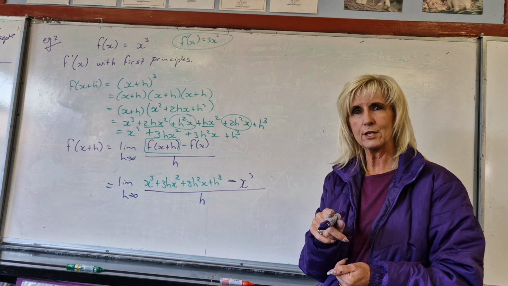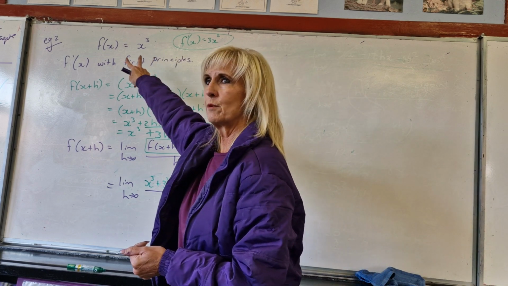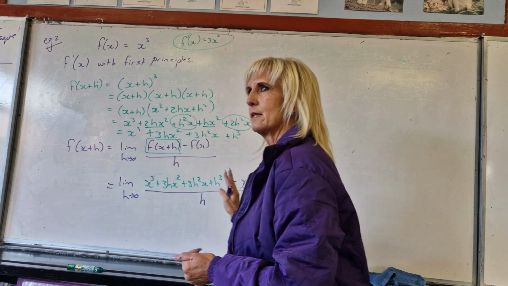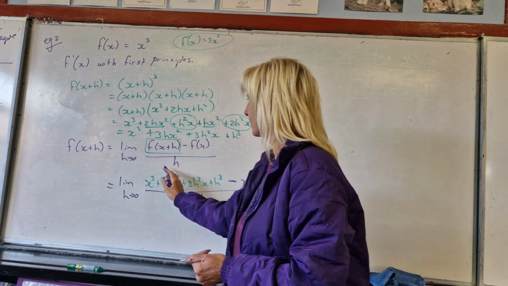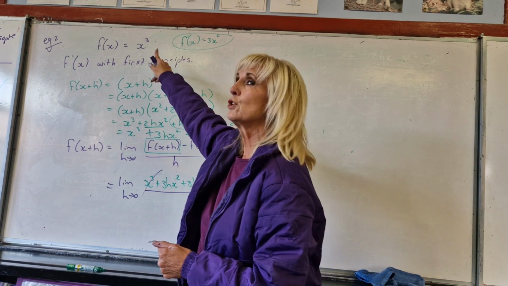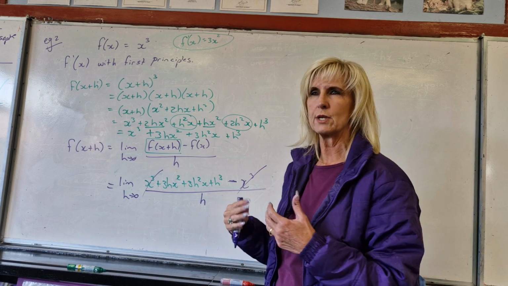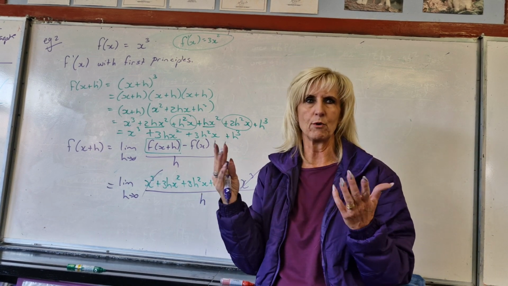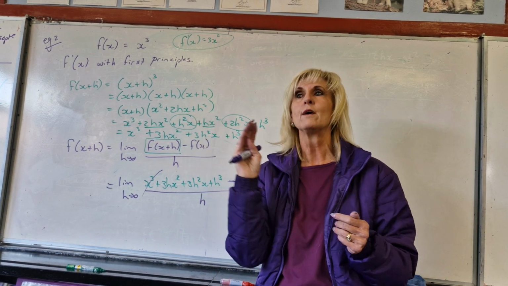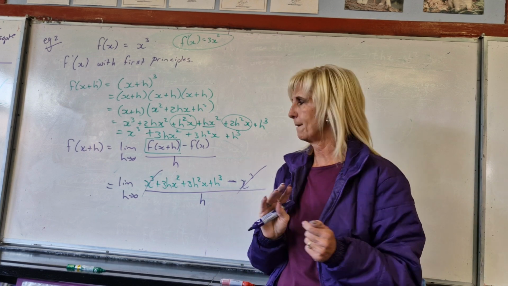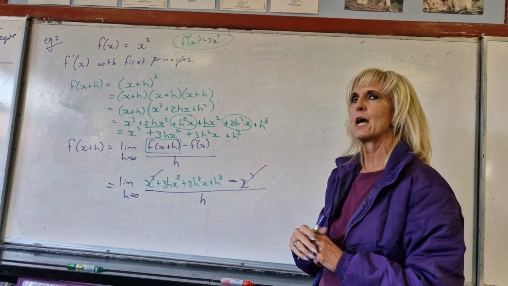And remember what I said to you? If there's one term here, then 1 will cancel out with 1. Do you see it happening? Yes. If there were 2 terms, like I originally had, then 2 terms will cancel out here. It's just a phenomenon that you can bargain on. If there were 3, 3 would cancel out with 3. Okay. So the rest of the sum is now what?